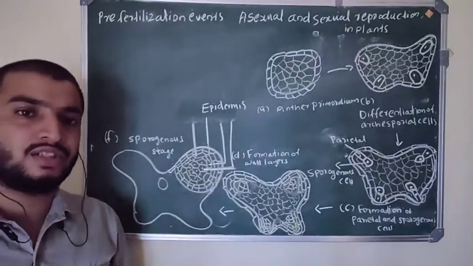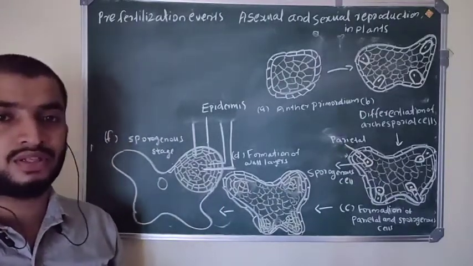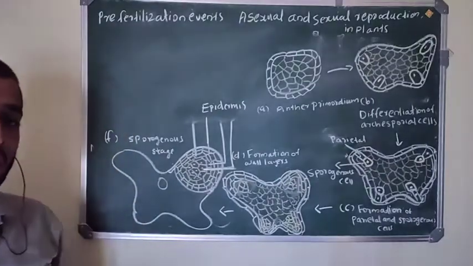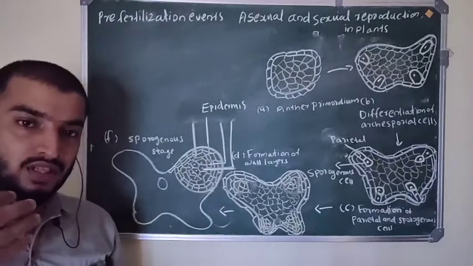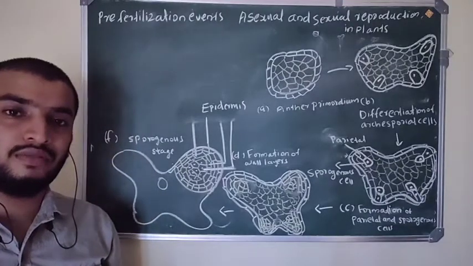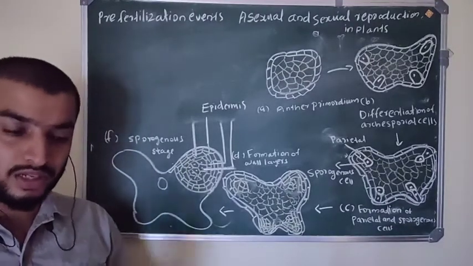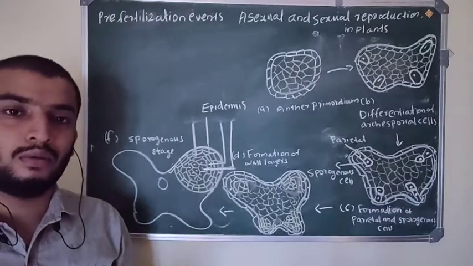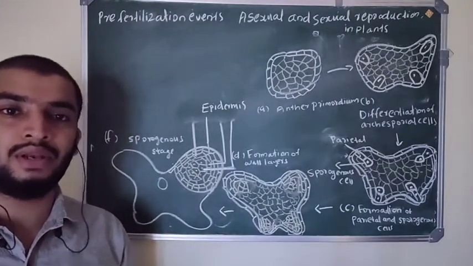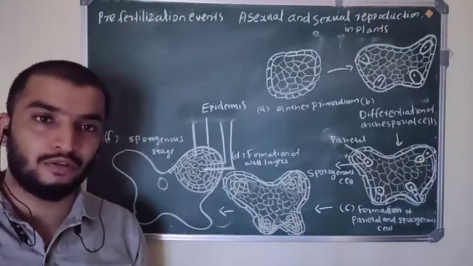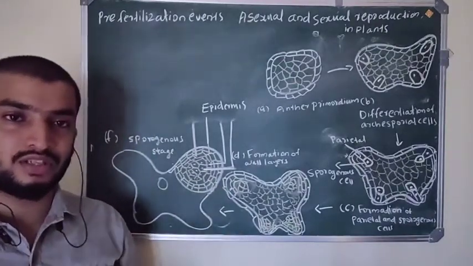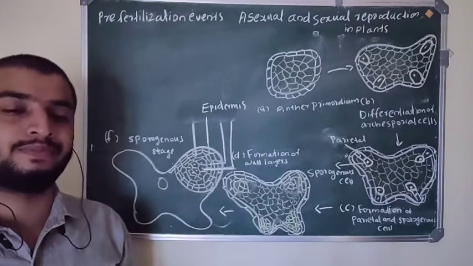Inside the anther, pollen grains are present. Pollen grains are called the male gametophyte, because the generative cell of the pollen grain divides into male gametes. The structure that leads to the production of male gametes is called the male gametophyte, the gamete-producing stage.